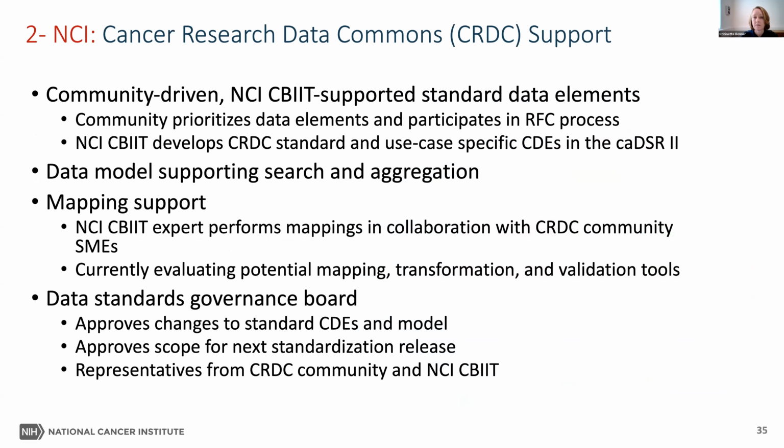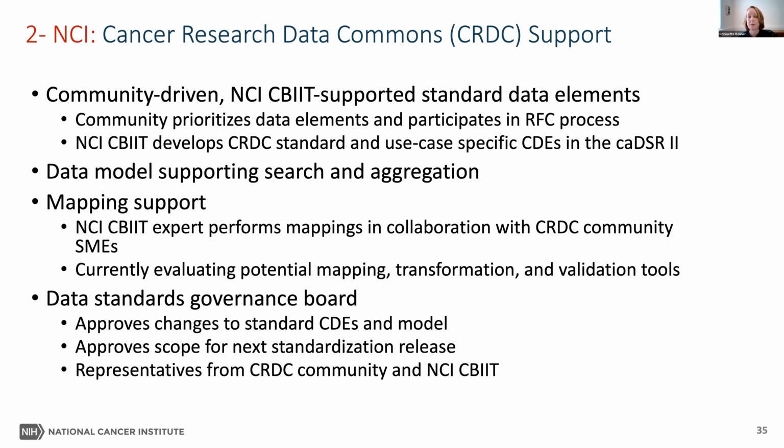So the abundance of data models is also evident in the Cancer Research Data Commons that Umit was talking about. We have a variety of really good data commons that have excellent data models and data elements, and their data dictionaries were all developed for their purpose and they're meeting their needs.